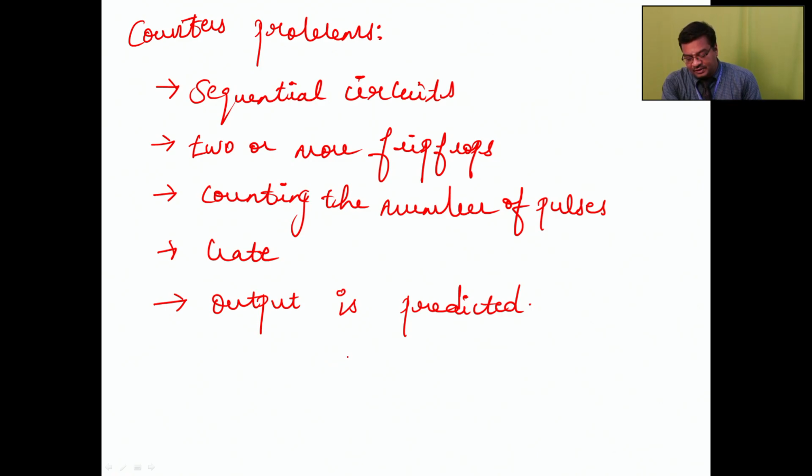So based upon the number of pulses, the output will be predicted. So the number of pulses crossing over the gate will determine or give the output depending upon the inputs.